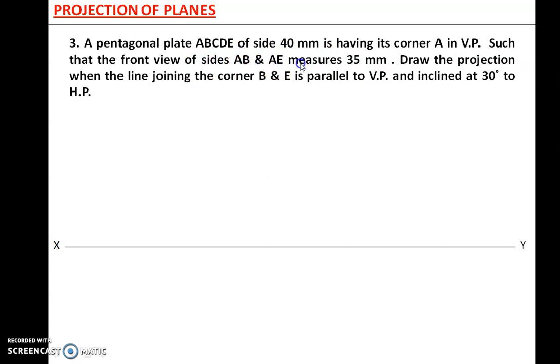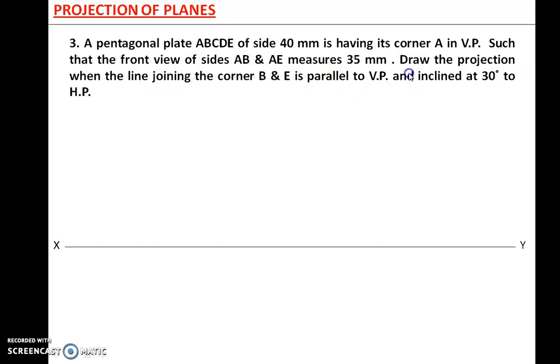I can say that these dimensions will be seen when this pentagonal plate gets inclined, that is, when we draw the reduced shape, we will see these 2 dimensions of 35 mm. Now where will the reduced shape be drawn? If here is the true shape, the reduced shape will always be drawn to the side of the true shape. So the reduced shape is in front view. That's why here it is said front view.